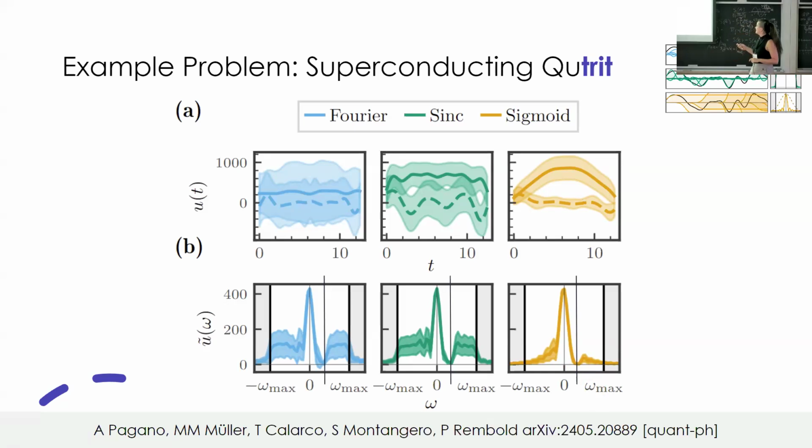So you see that they all find solutions in order to make sure there's no amplitude there. But somehow, if you look at the sigmoid-based solutions, they look much more similar to each other.